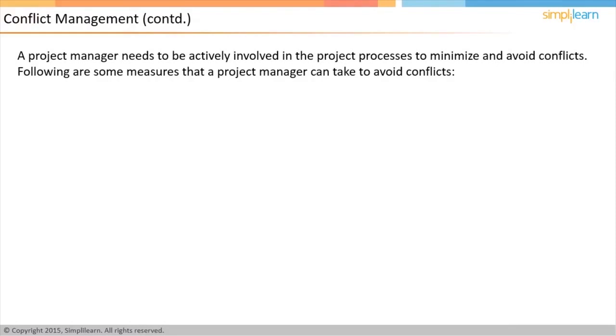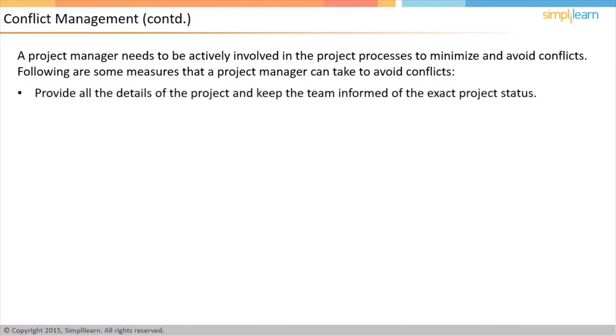To avoid conflicts, a project manager should let everyone involved have complete clarity about the project. Assign the roles and responsibilities to each of the team members clearly. Ensure that there are no overlapping responsibilities, which could be a possible cause for conflict. Sometimes boredom at work can also lead to conflict.